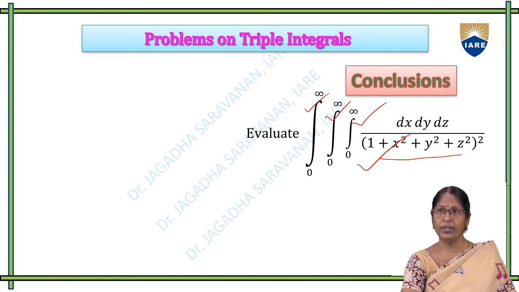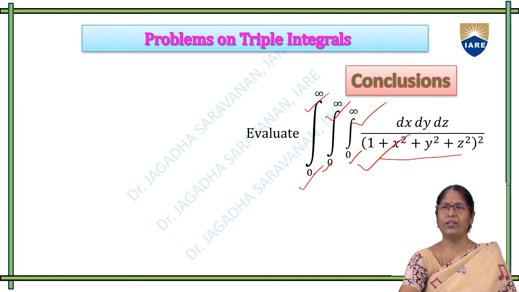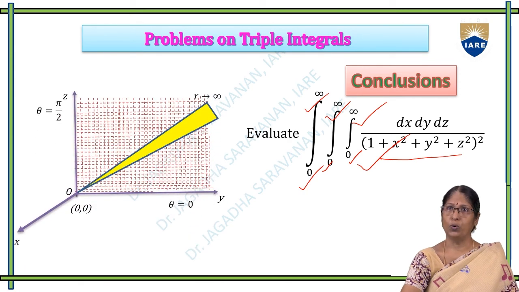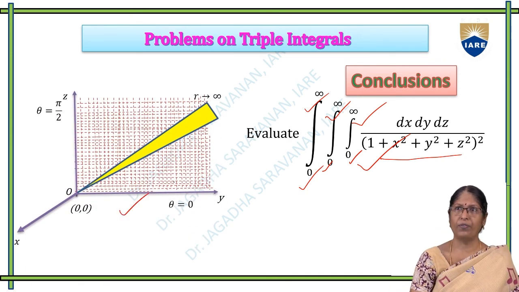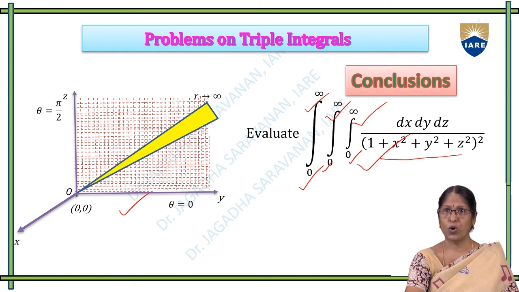So that is the reason we converted this given problem into polar form. To convert into polar form, we need radius, we need angles, we need pi. The simple concept: x, y, z tend to infinity, so our radius also tends to infinity. So we have drawn the figure looking at this condition given in our problem.